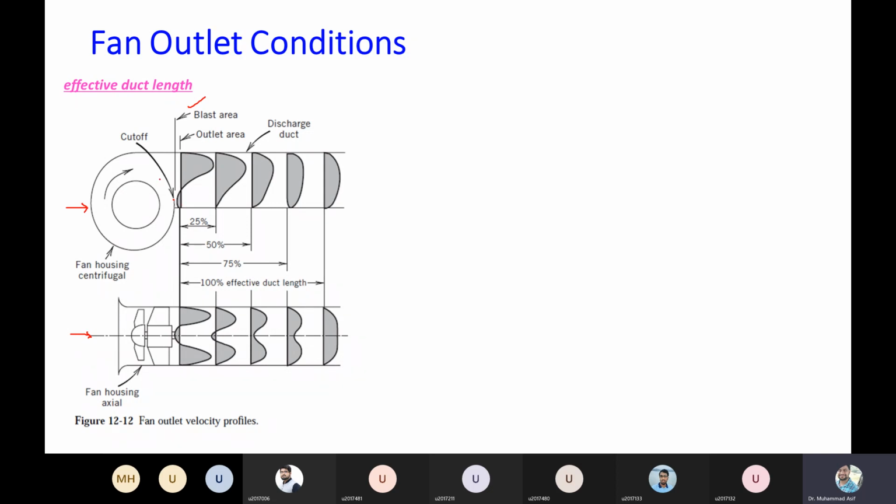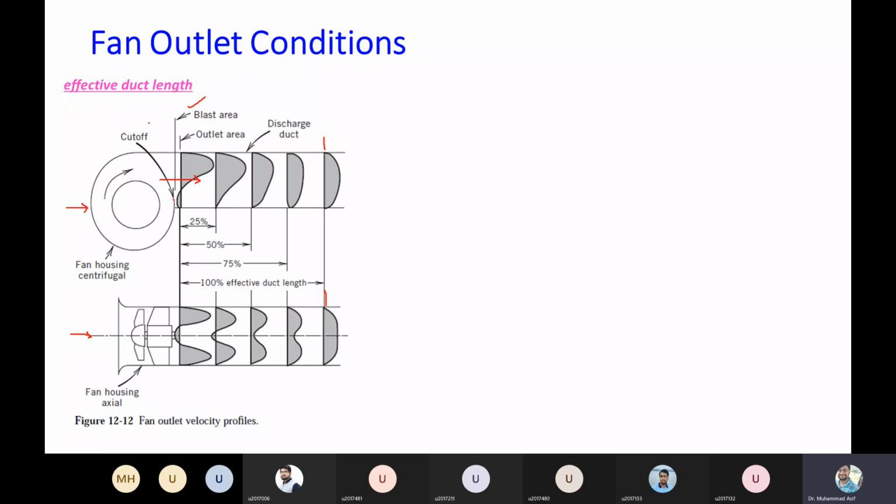As the air moves into the duct, it is not fully developed, it is not uniform. It becomes uniform after a particular length. Even in the case of axial flow, the flow is not uniform, and it becomes uniform after a particular length.